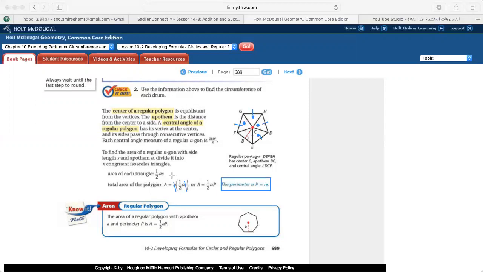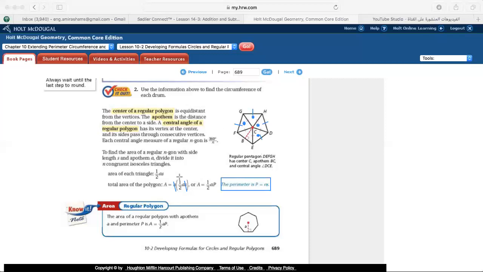So when I get the formula, area is equal to N multiplied by half A S. A is the apothem that comes from the center perpendicular to a side, and S is the side of the polygon. I have a rule that says the perimeter of the polygon is N multiplied by S, number of sides multiplied by the measure of each side.